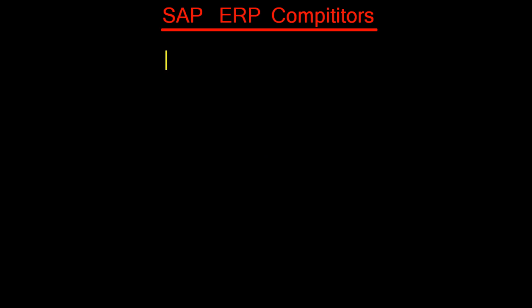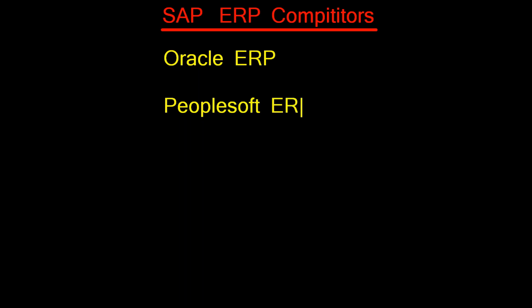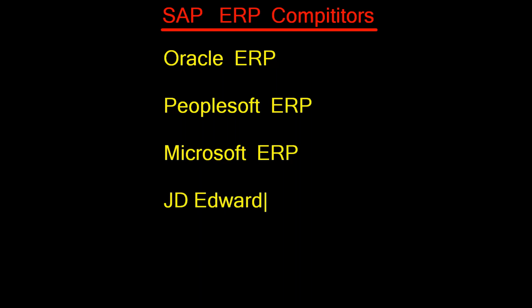So SAP ERP competitors: the first one is Oracle ERP, PeopleSoft ERP, Microsoft ERP, JD Edwards, BAN.